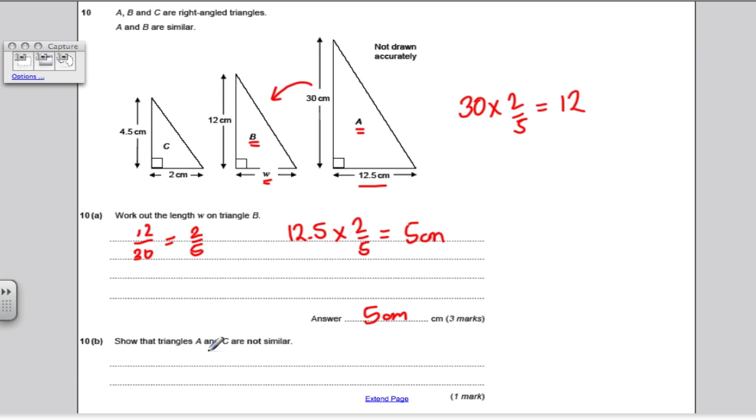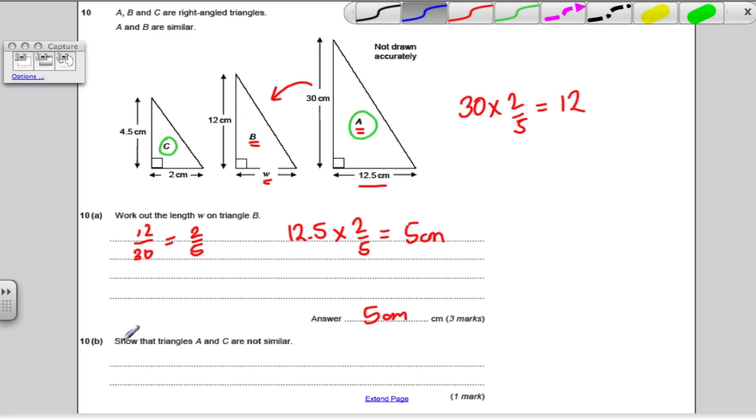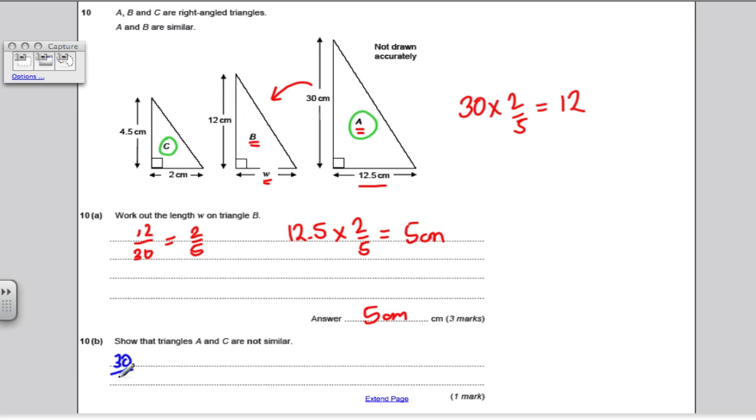Show that triangles A and C are not similar. They're not similar if the ratio of their sides is not the same. So on the one hand, all you've got to do is work out 30 divided by 4.5, which is 6 2/3.